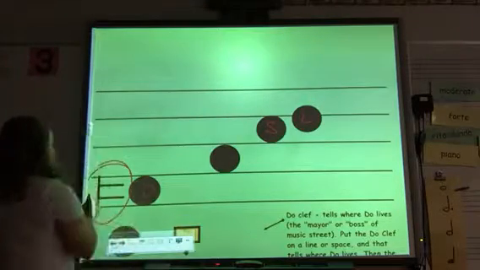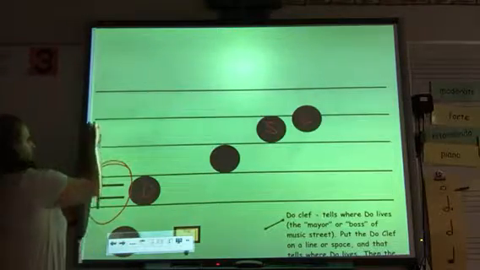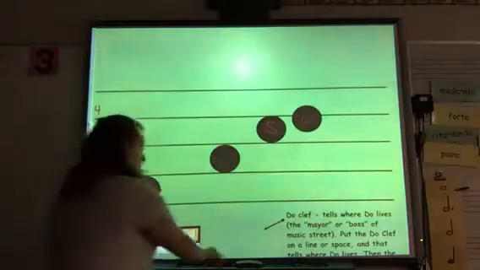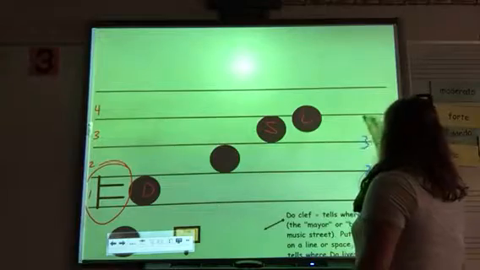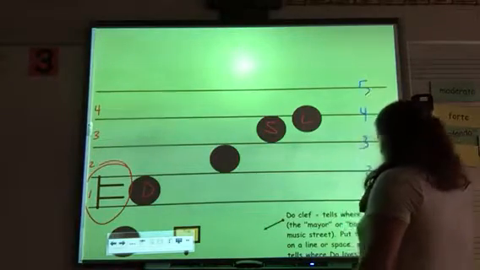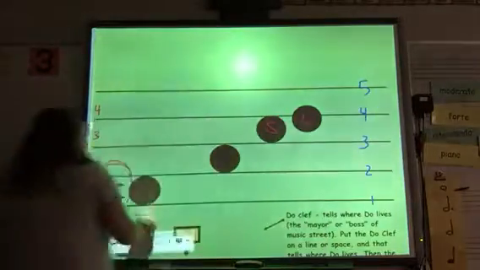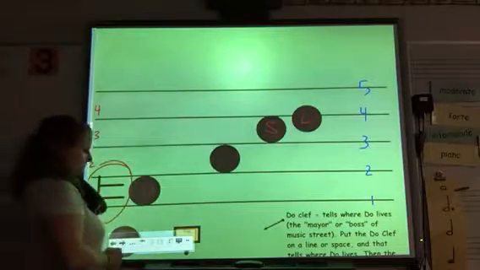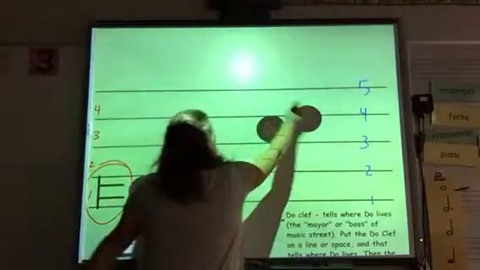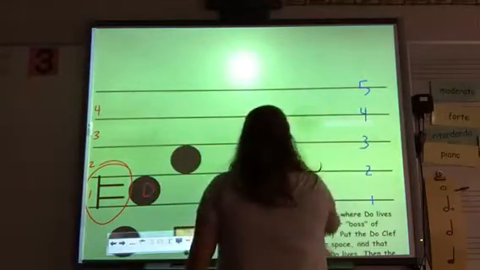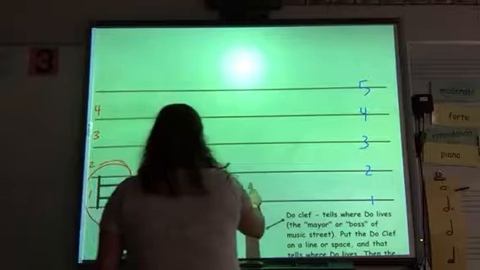Because remember, our spaces are numbered from bottom to top, just like our lines are numbered from low to high. Do, very first note. I'm going to put something here. I'm going to get rid of these and choose some different places to put stuff.